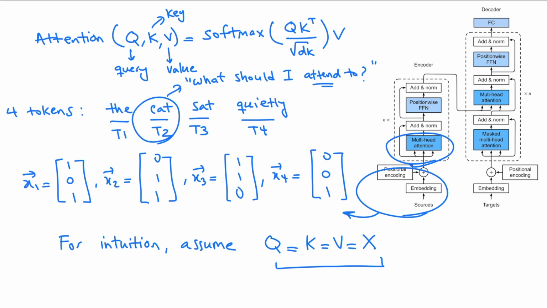So we want to know what this second token, cat, should attend to. So in this case, we pick our vector q, which is exactly x2. And as I mentioned, this can be some sort of projection of x2 in general. But for now, we assume that it's just x2, which is this 0, 1, 1, as we showed in the previous slide.